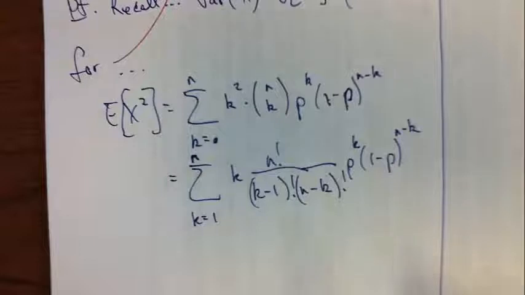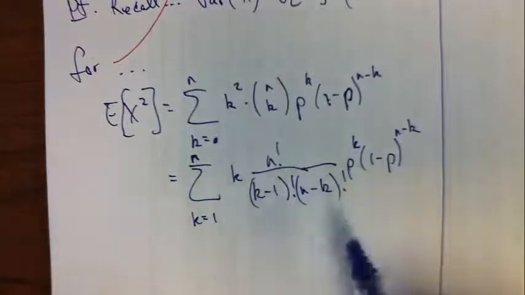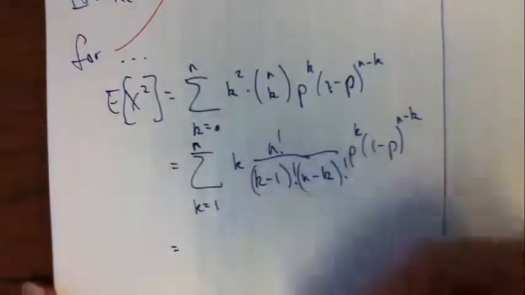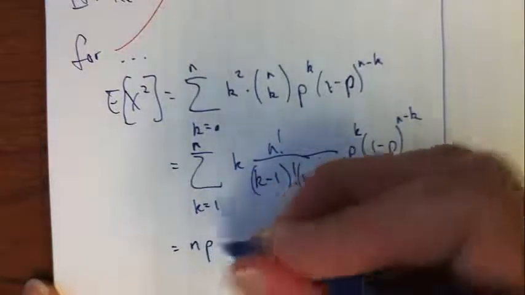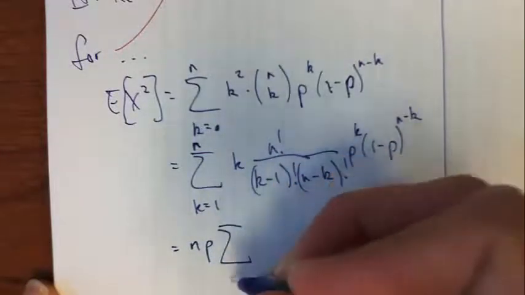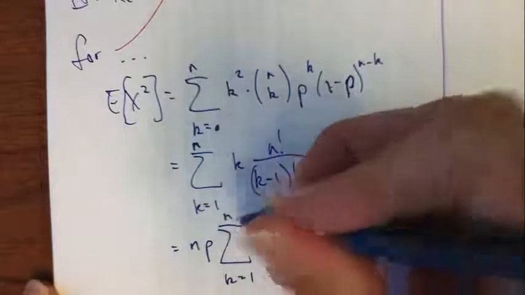All right. Next thing, let's see, we had so much success factoring out that n and p last time. Maybe I'll try doing that. I'll try pulling an n and a p out and see what we get. I'm just sort of fooling around here, okay?